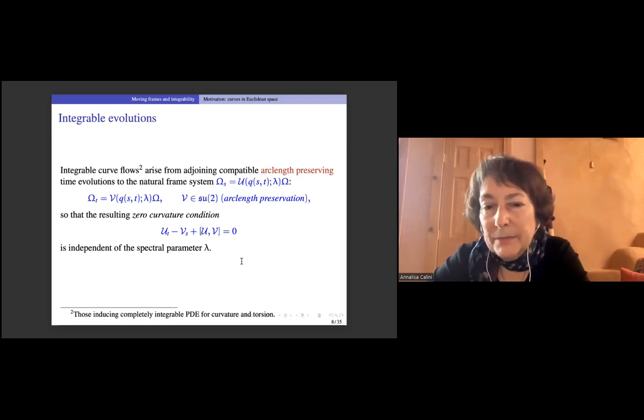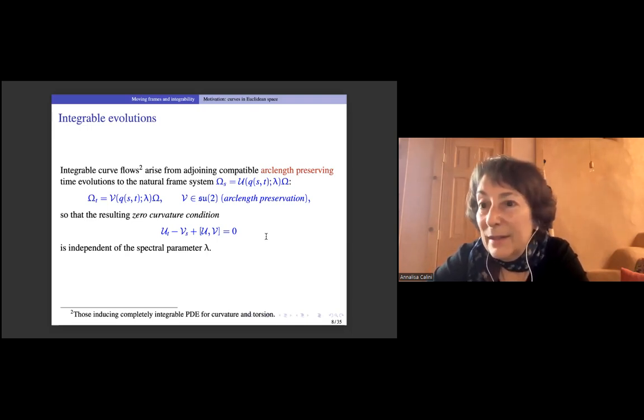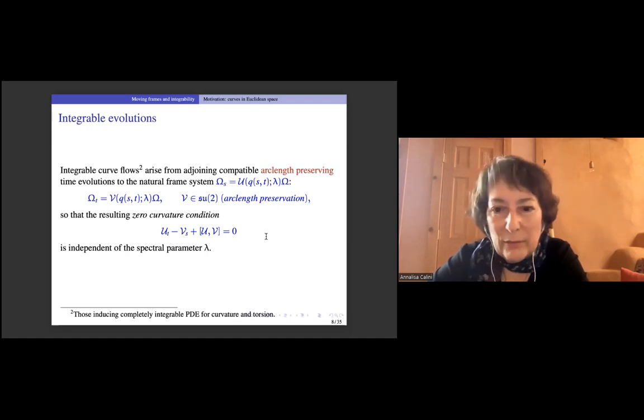Now, when you do that, you're going to get an evolution for the Q, which encodes the curvature and the torsion, and you can construct integrable evolutions.